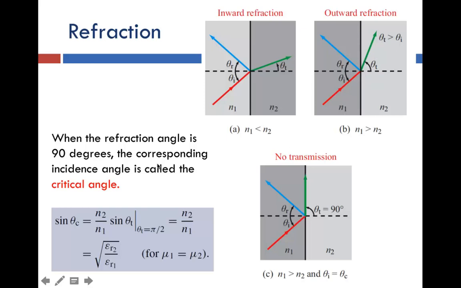So we can determine that angle when we look at theta transmitted of pi over 2. We find that the sine of the incident angle for that to happen has to be n2 over n1. That's referred to as the critical angle. It can also be expressed in terms of the relative epsilon for non-magnetic material. And that is the case of no transmission, which is commonly used in fiber optic transmission.